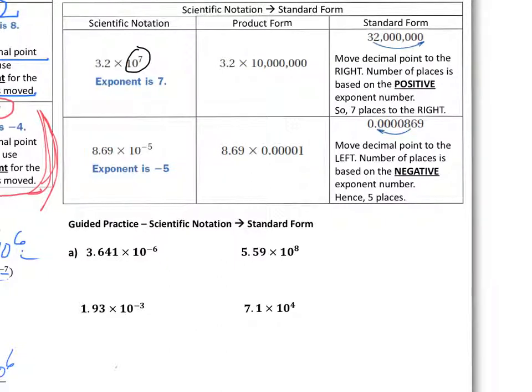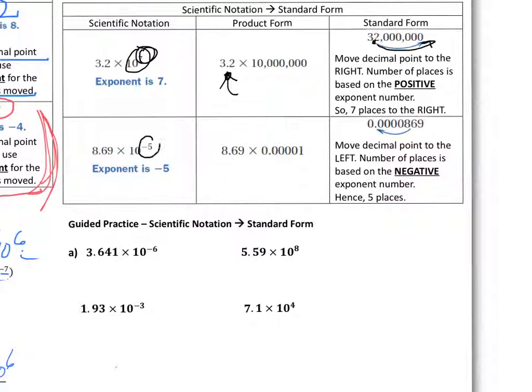So using this decimal point, okay, so we have a decimal point here. We got to shift, all right, 7 places to the right until we get to the end. Okay, 32 million.